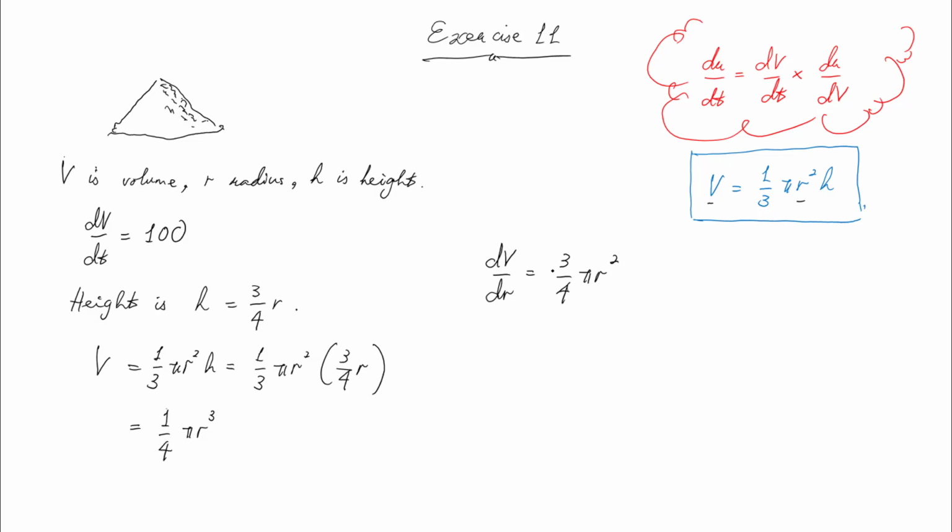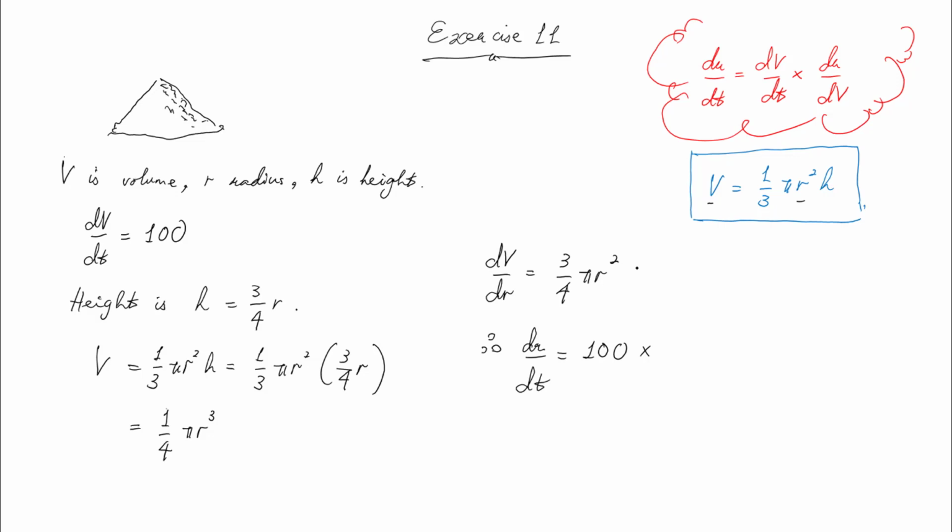Okay, now we have all the information needed, hence for the final answer, dr over dt is equal to dV over dt times dr over dV. I'm just going to substitute it directly. It's going to be 100 multiply with, so this one is r square, so for the r square we have, okay, so take a look at this one.